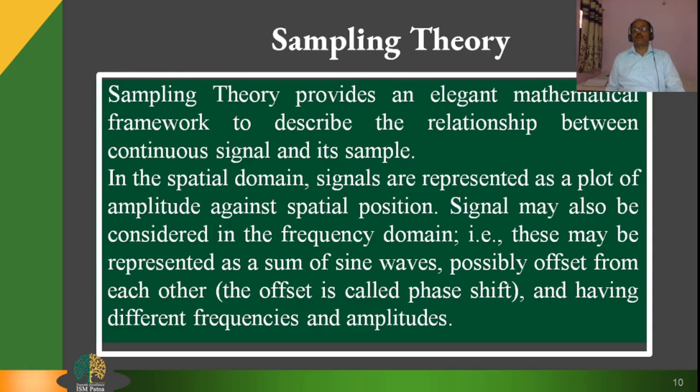The offset is called phase shift, and the sine waves have different frequencies and amplitudes. In this theory, we have a term known as the Nyquist rate: the minimum rate at which a signal can be sampled without introducing errors, which is generally twice the highest frequency present in the signal.